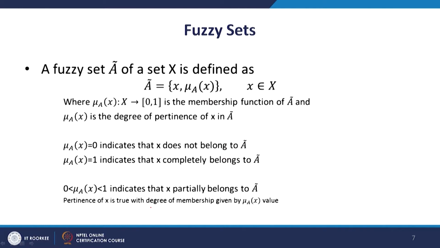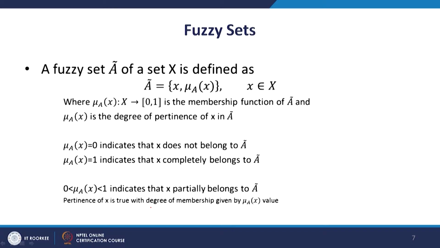If the value from this function comes out to be 0, that is mu A of x is 0, then it indicates that x does not belong to A tilde. If mu A of x is 1, then it indicates that x completely belongs to A tilde, and if the value mu A of x lies between 0 and 1, then it indicates that x partially belongs to A tilde.